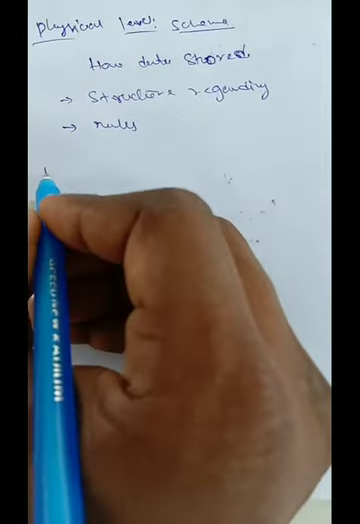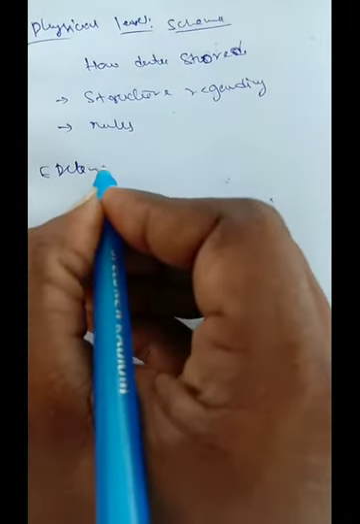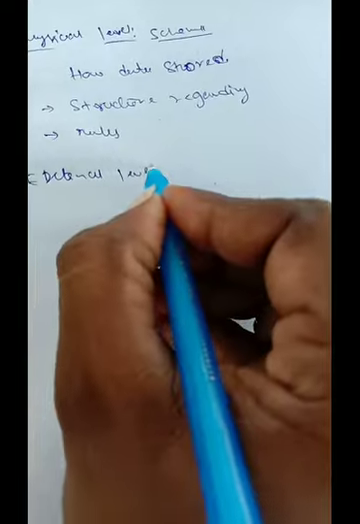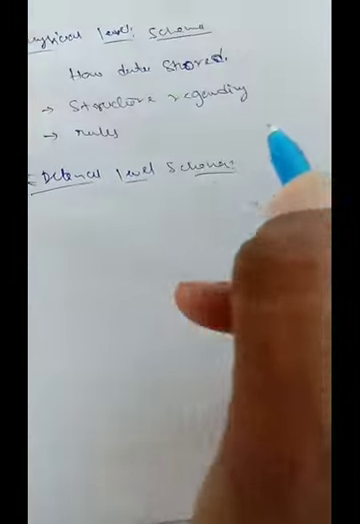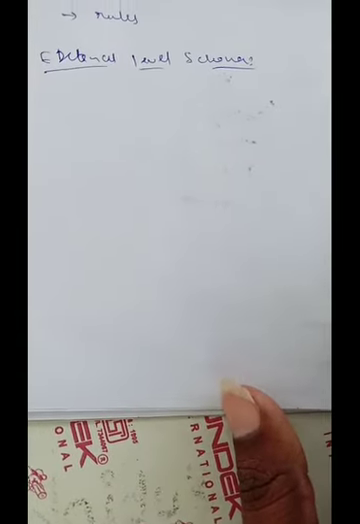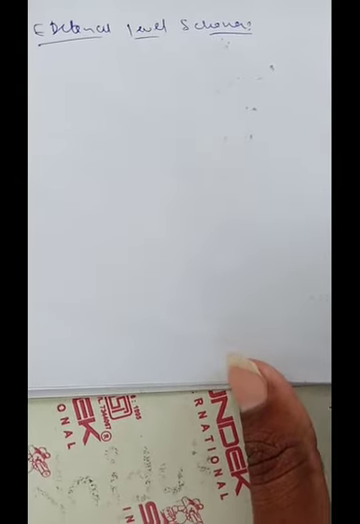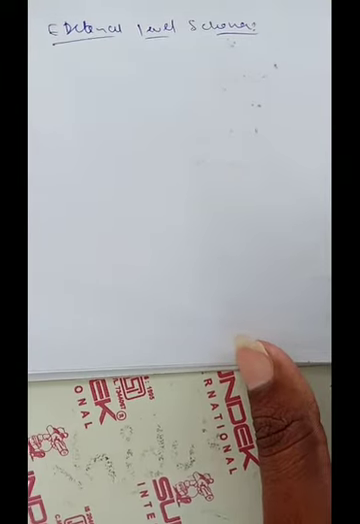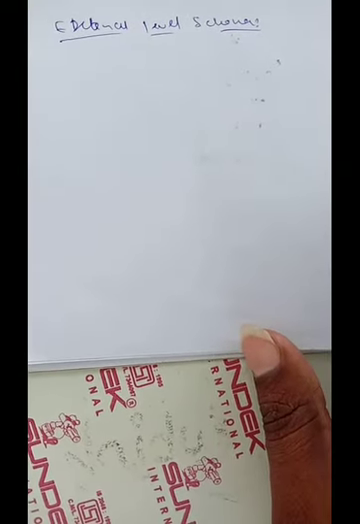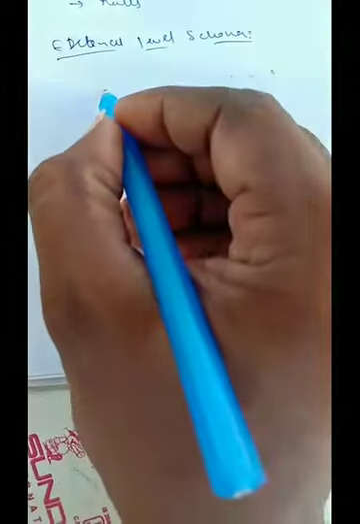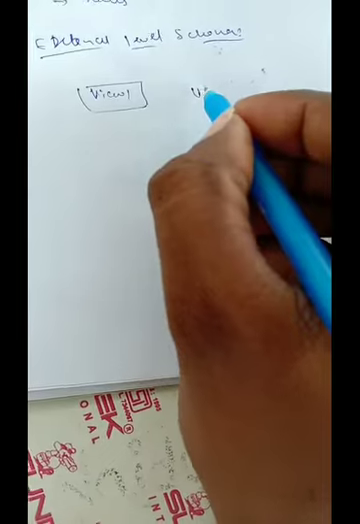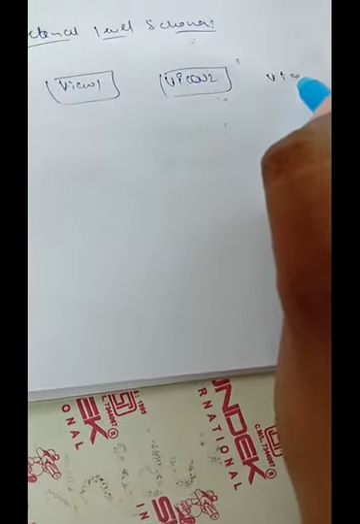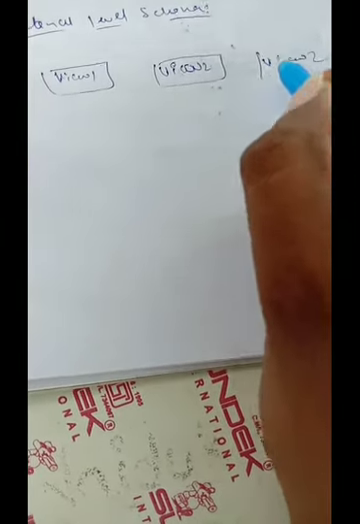And the next one is the external level, or external schema. In the external schema we define the procedure regarding how the data is viewed by the user. Users have different views of the data, so the schema differs from one view to another view.